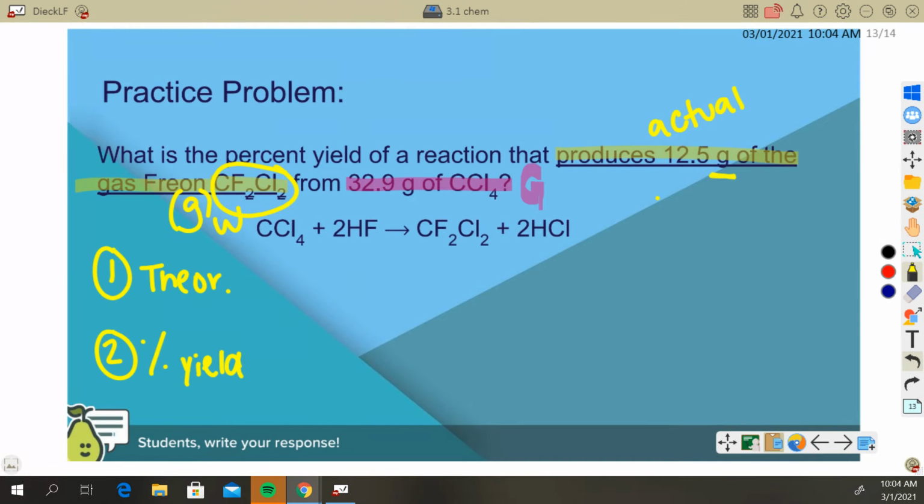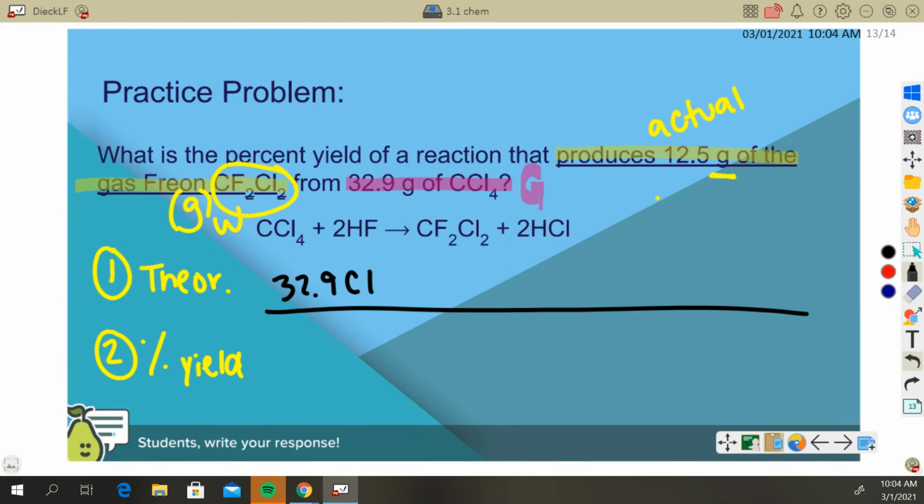So our starting point is 32.9 grams of CCl4. We need to divide by the molar mass of CCl4, which I calculated to be 153.81 grams per mole.